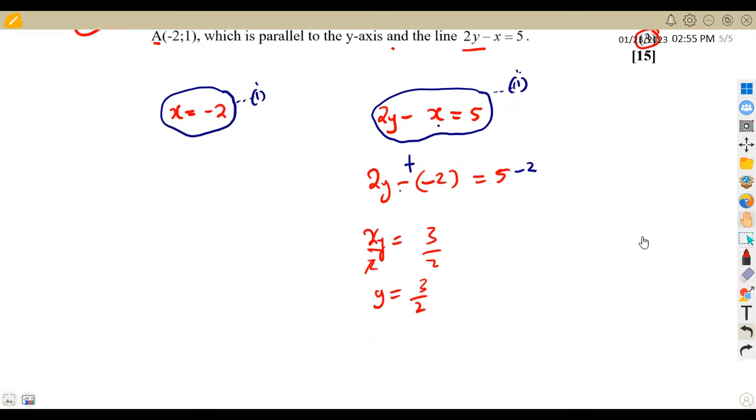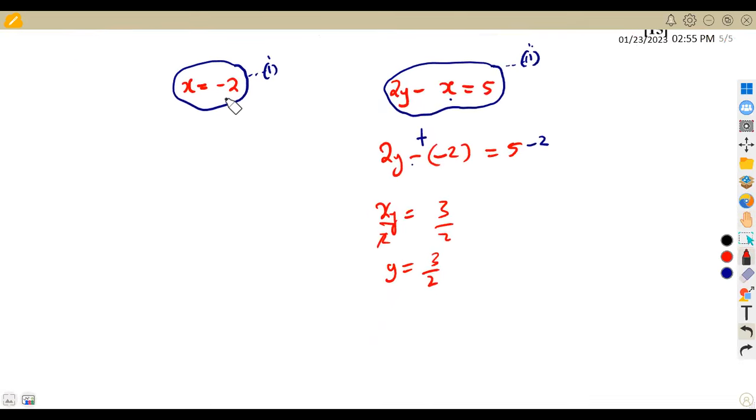So at our point of intersection, guys, x is -2, y is 3/2. So therefore, our point of intersection is going to be (-2, 3/2). Remember, a point is made of x followed by y. So this is going to be our point of intersection. All right, so that's what you're going to have at the end.